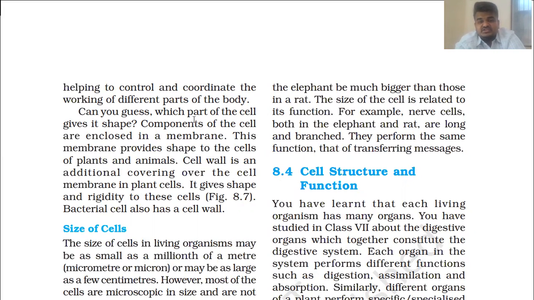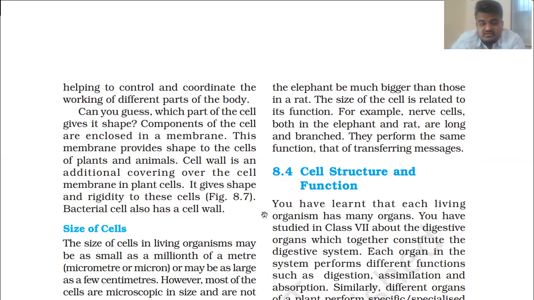Can you guess which part of the cell gives its shape? Components of the cell are enclosed in a membrane. This membrane provides shape to the cells of plants and animals. Is that clear? What is a cell wall?